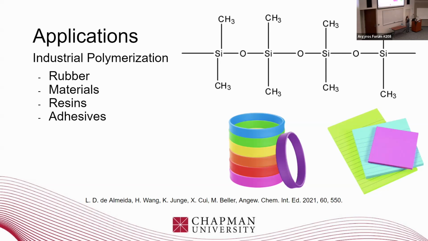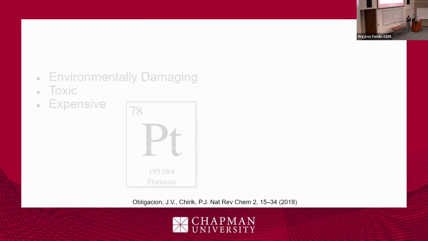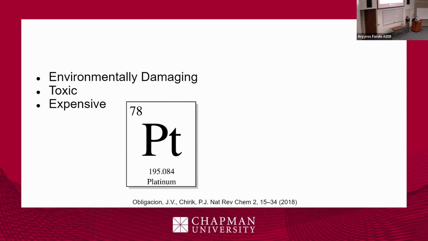This is important because the catalyst used to produce the silicon polymers has a metal center of platinum. Platinum metal center catalysts are very efficient, but they are very expensive and environmentally damaging due to the mining of a heavy metal, and it can be quite toxic at high exposure. Platinum also costs $900 an ounce, which is a lot.